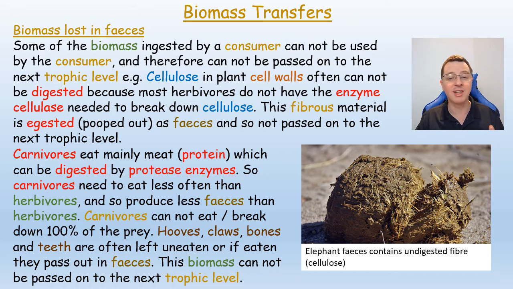But carnivores cannot eat or break down 100% of their prey. So things like the hooves, the claws, the bones and the teeth are often left uneaten. Or if eaten, they will pass out in the feces. Again, this is biomass that cannot pass from the primary consumer to the secondary consumer, the carnivore, and get passed on to the next trophic level.